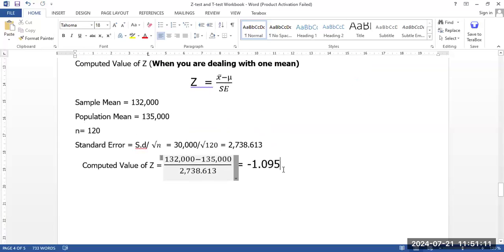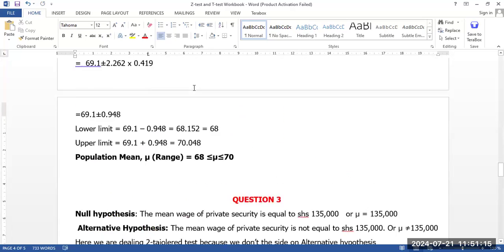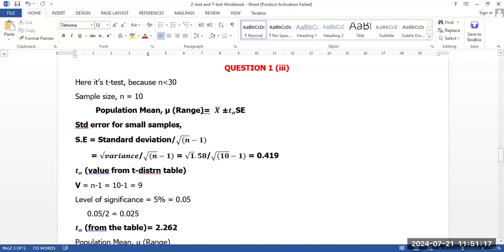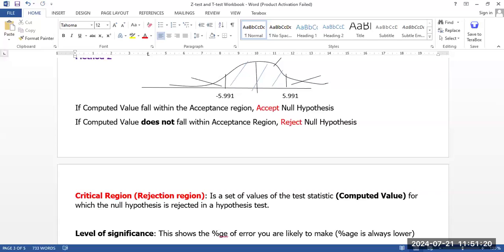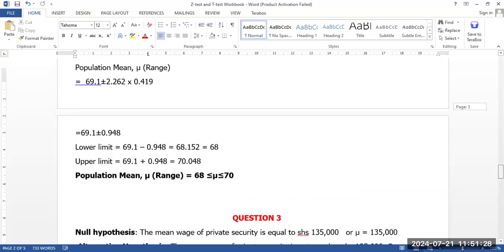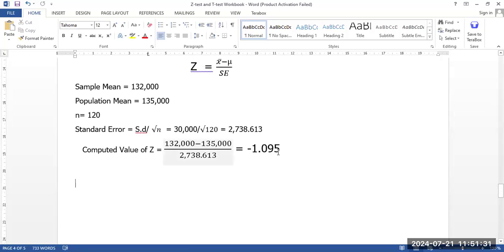Once you get this value, bring your table.